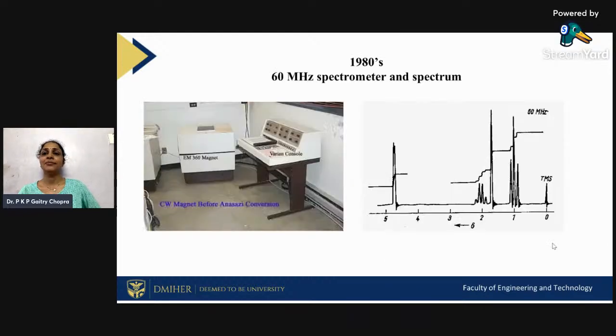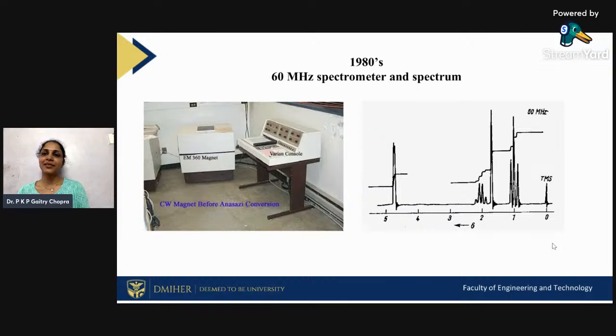Next. As the technology has progressed, now in 1980, this is the NMR spectrum that you get from a 60 megahertz NMR spectrophotometer, which was technologically modified in the 1980s.